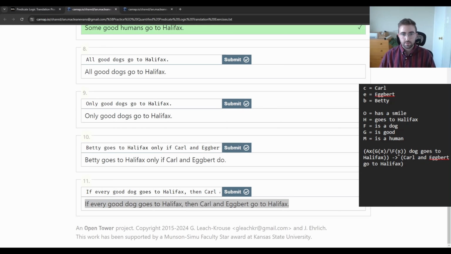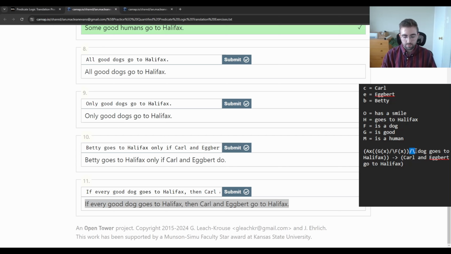Let's bracket this section off so we don't have a bunch of ands building together. Then we'll say x is good and a dog and goes to Halifax. Or I'm sorry. Yes, so we're saying if every good dog goes to Halifax, not everything is good and a dog and goes to Halifax.